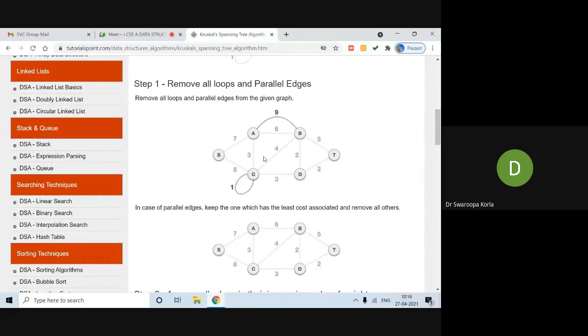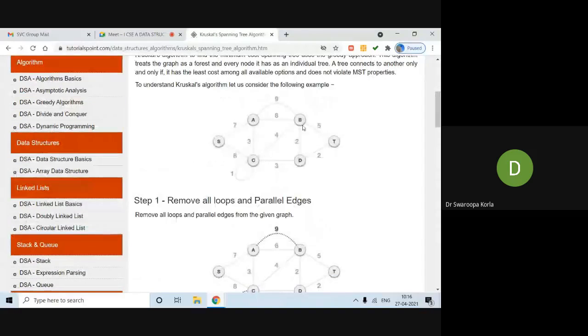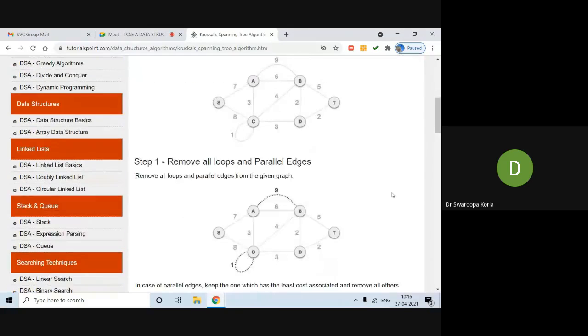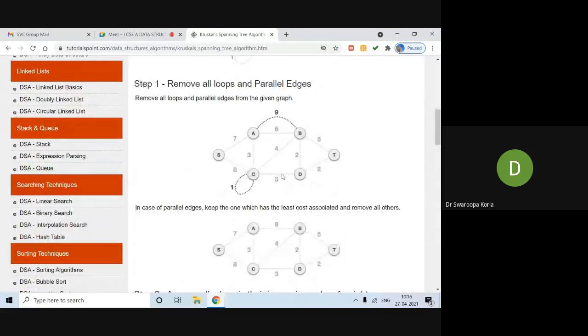See, you may have a doubt, madam, between A and B we have two edges. Which edge shall I remove? The answer is the one which has the larger weight, because here we are finding the minimum spanning tree. We have to consider the minimum weight. Okay, see 9 and 6.